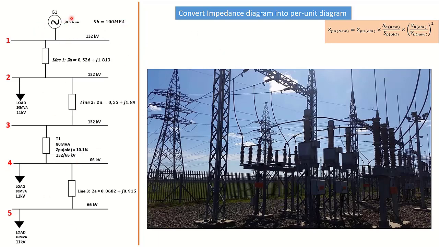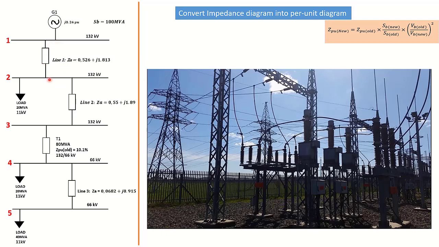Just a quick recap. This is a generating power station with an impedance per unit of 0.24, that is 24%. The generator is supplying 132 kilovolt, which means this first bus bar has 132 kilovolt potential.